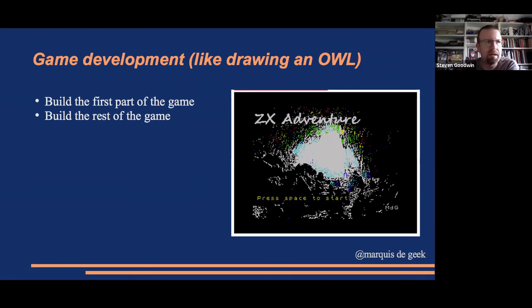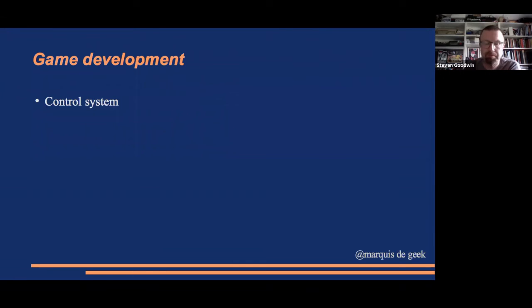So the first step I build is the control system. That might seem strange when there's nothing else to do, but it allows me to come up with the key mappings, find the keys I like, allow the character to move with the keys. Are they moving smooth enough? Are they moving fast enough? Does the animation seem to work? If the character has got legs that run, does it look like they're running on a travelator, or are they sliding on the screen?